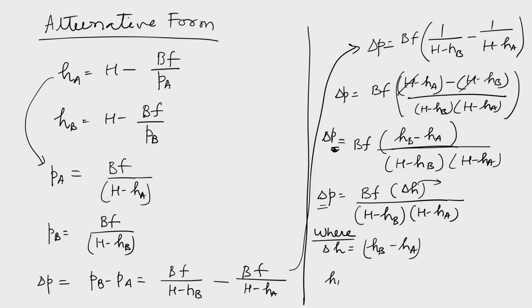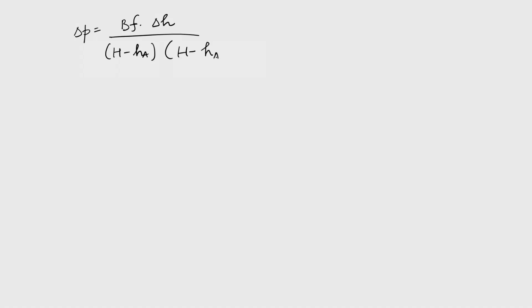Now, it is better to write again the HB and HA here. So, we can write here HB as HA plus delta H, and again we will put it here so that I can minimize my number of variables. I write here now delta P is equal to B into F into delta H, which is here H minus HA into H minus HB, I write HA minus delta H here, fine.